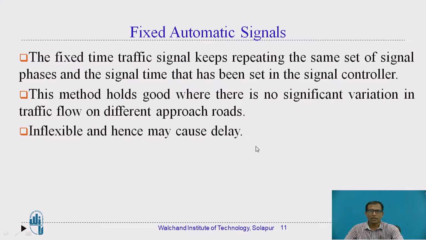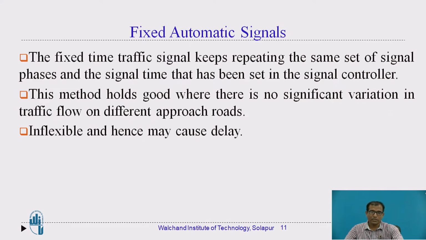Sometimes, even if there is no traffic at a particular leg, we still operate red, green and amber, while the other legs which really require the green time suffer a delay. Suppose all four legs have equal traffic intensity, in that case the fixed automatic signal will be very useful.